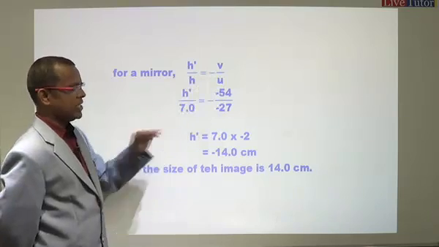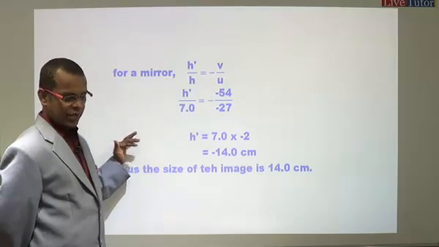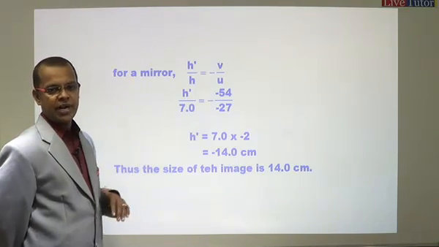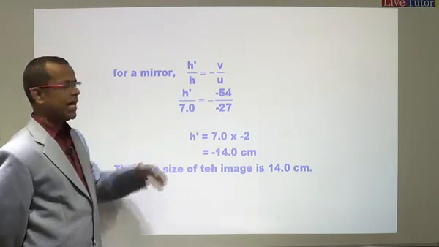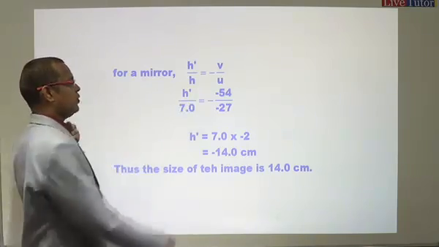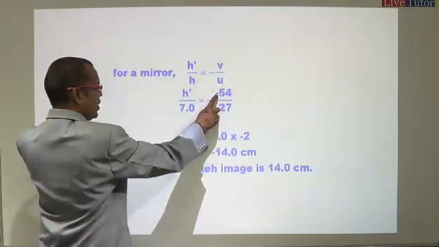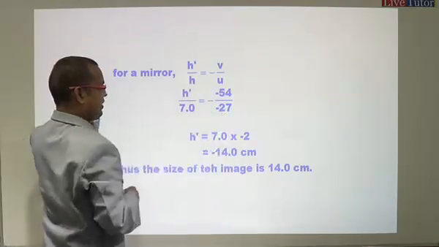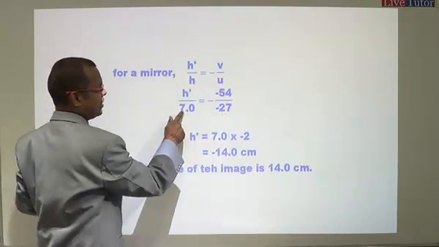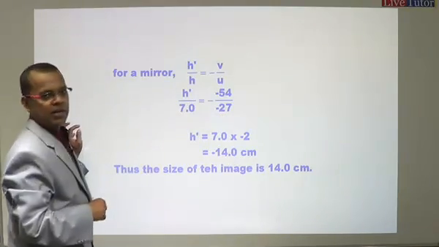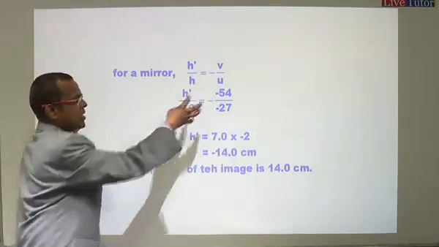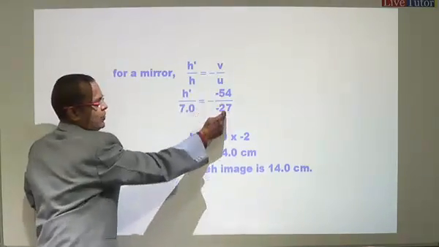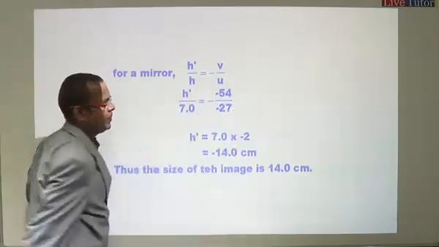Here we are not asked to find the magnification factor, so directly we can find h dash. v just now we have found it is minus 54, u is already given, it is minus 27, and the height of the object is also given, it is 7 centimeter. By simply substituting that, we get h dash is equal to minus 54 by minus 27 into 7.